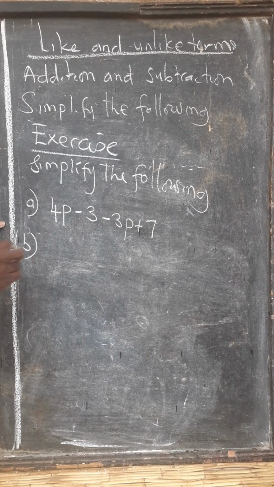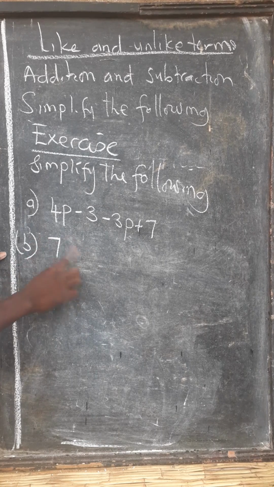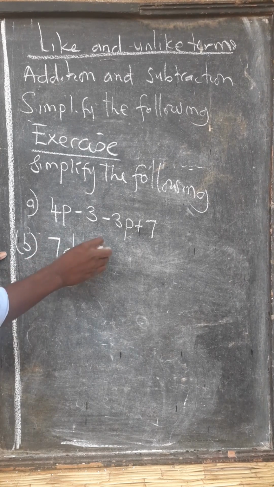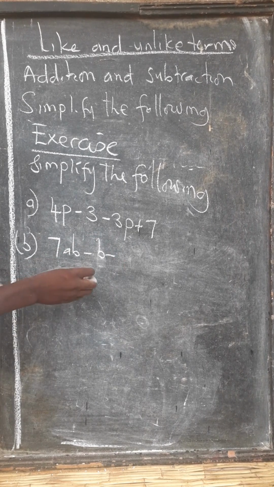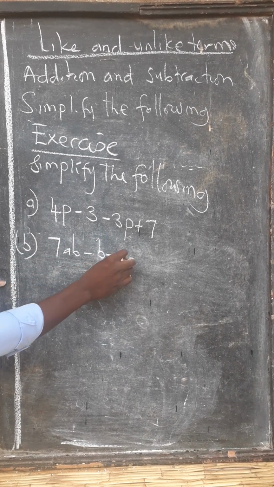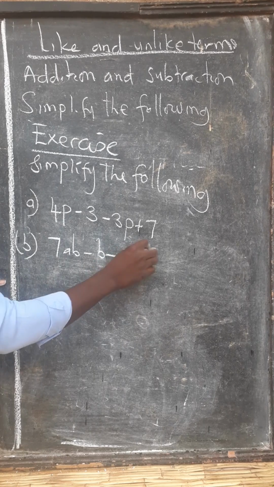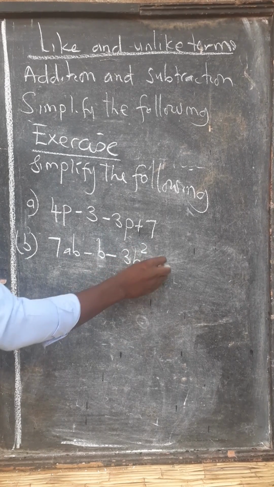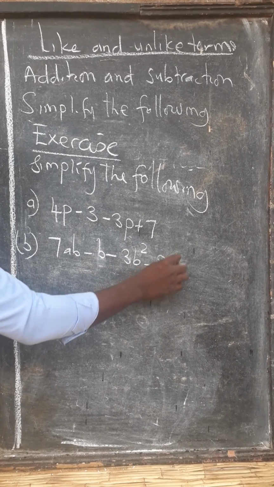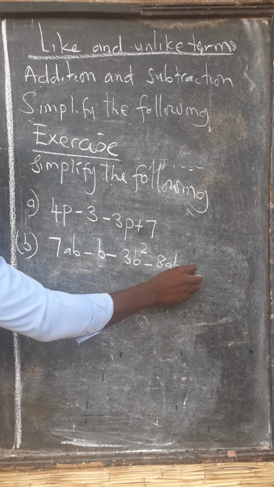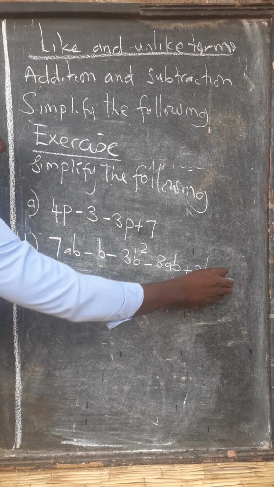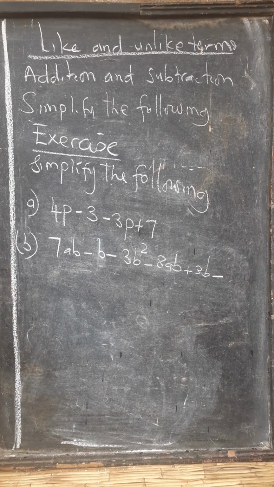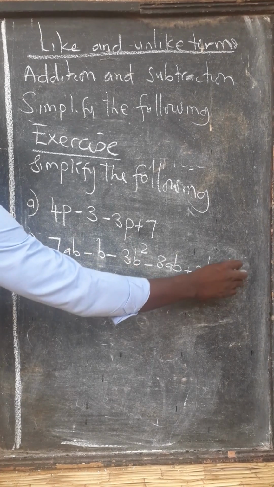B is going to give us 7ab minus b minus 3b squared minus 8ab plus 3b minus b squared.